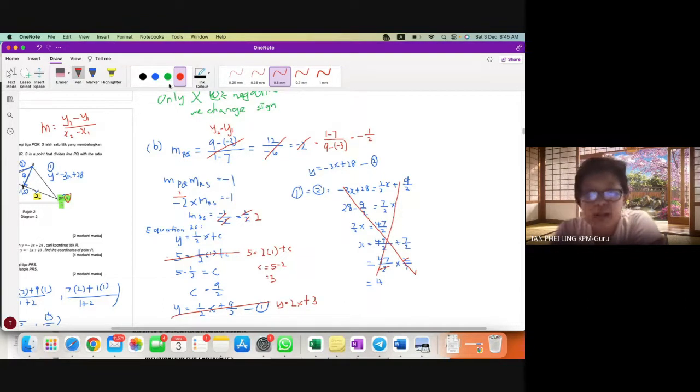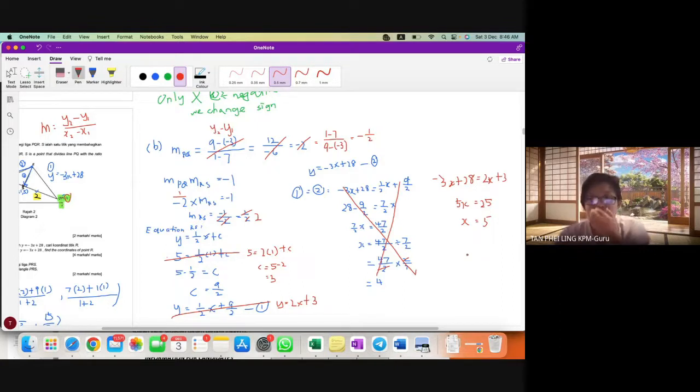Okay, now let's do it. So minus 3x plus 28 equals 2x plus 3. Okay, so here you put all the x together, it's 5x equals 28 minus 3, 25. x equals 5.